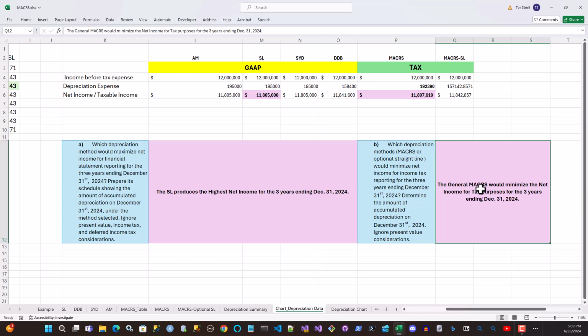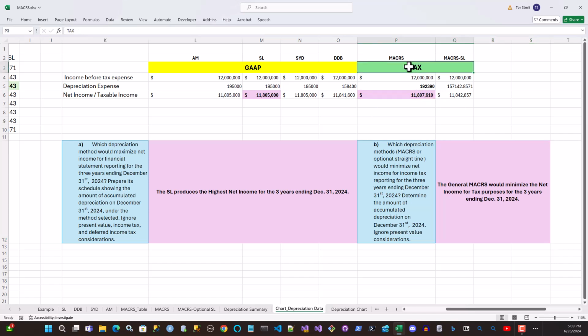So it makes sense that the general MACRS method with all those percentages will lower your taxable income the most in the early years, and then in the later years it will even out. So the answer to part B would be the general MACRS, or in this case, this one right here. So that will be the one that answers question B.